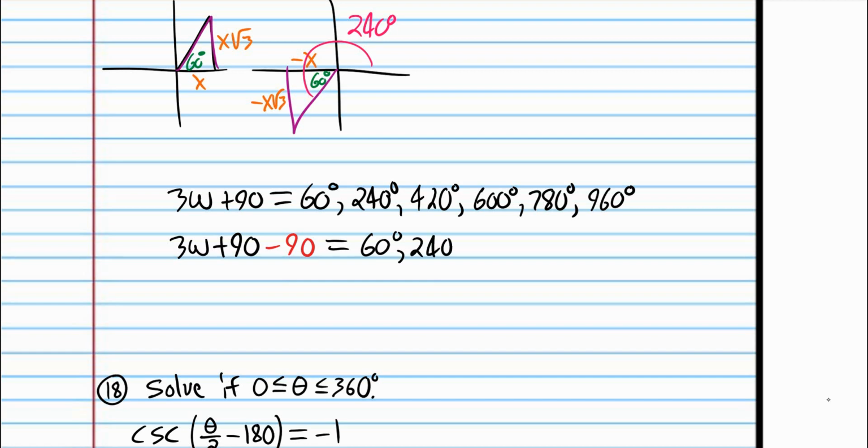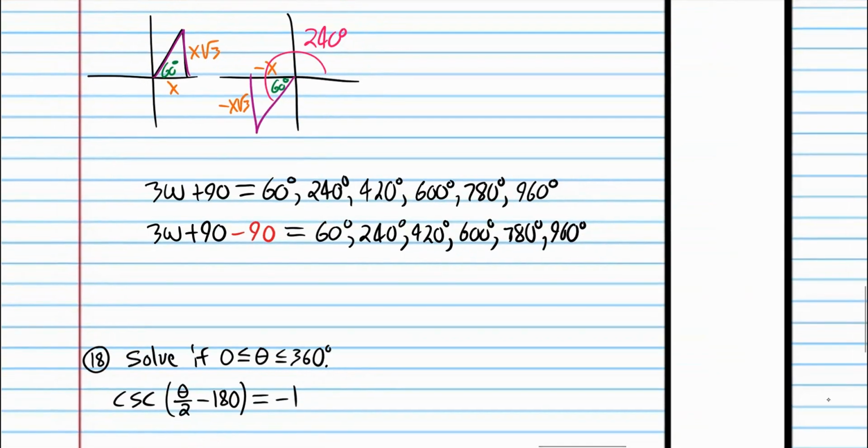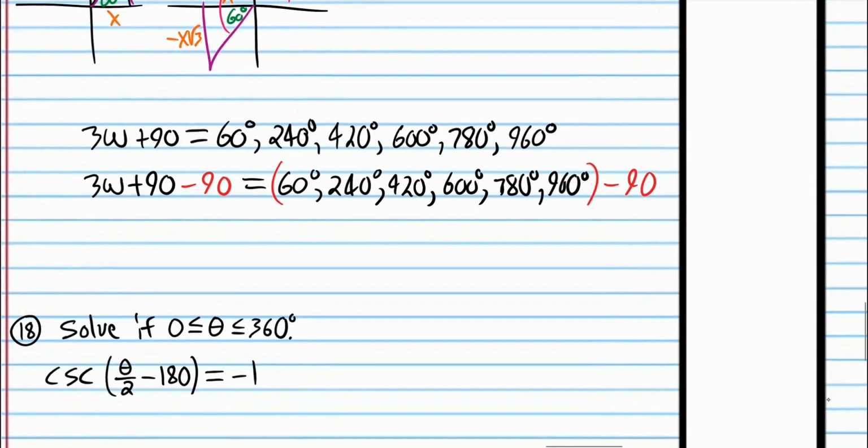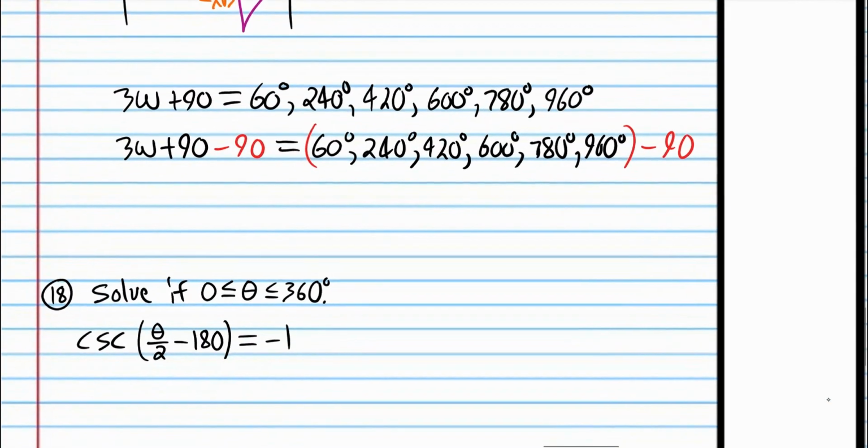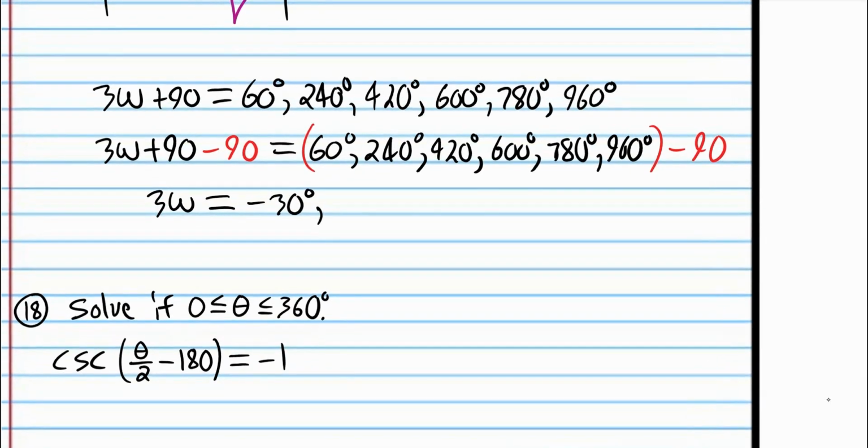And you don't have to write minus 90 for each one of these numbers. That's going to be too much work. So I'm going to write an expression that's not exactly mathematically correct, but it's enough so that you know what's going on here. So now we have 3 omega is equal to, what is 60 minus 90? That's going to be negative 30. So that's definitely not a, well, we'll see what happens.